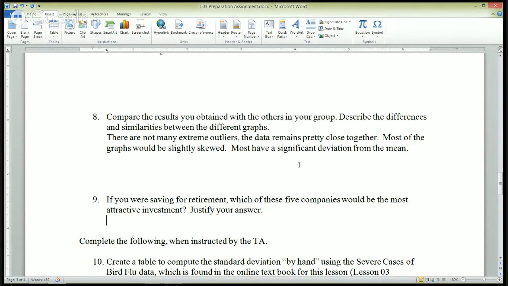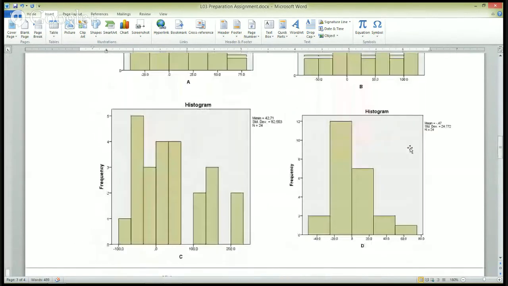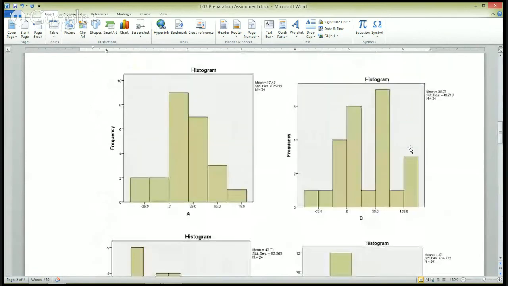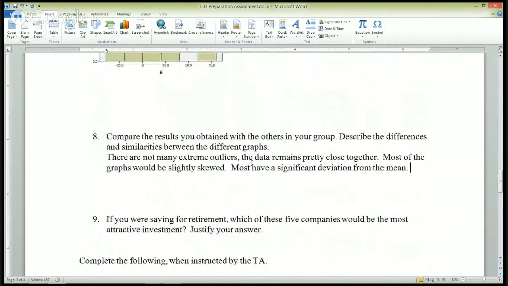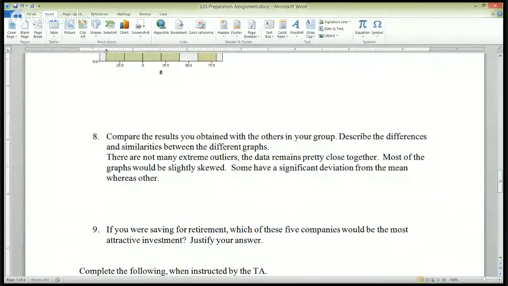I just say most have a... Oh, I guess that's not really a difference. Here, most or some, we'll change it to this. Some. Some of our closer set.